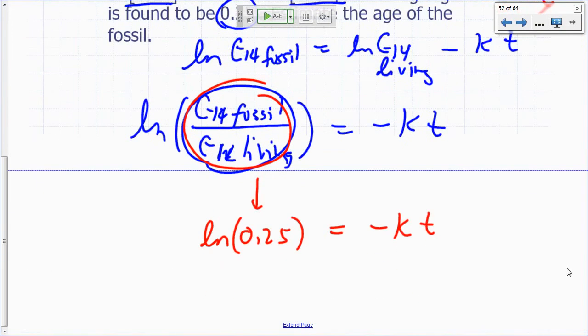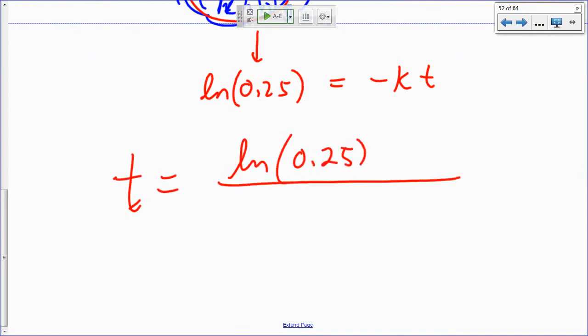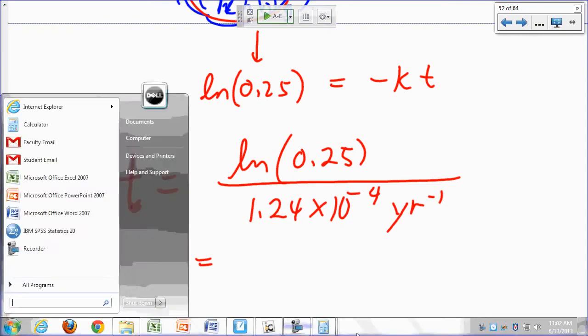So I can plug that in here for k and solve for t, the age of my fossil. It's ln of the ratio, which is 0.25, divided by k, which is 1.24 times 10 to the negative 4 per year, so that will give me the answer in years.